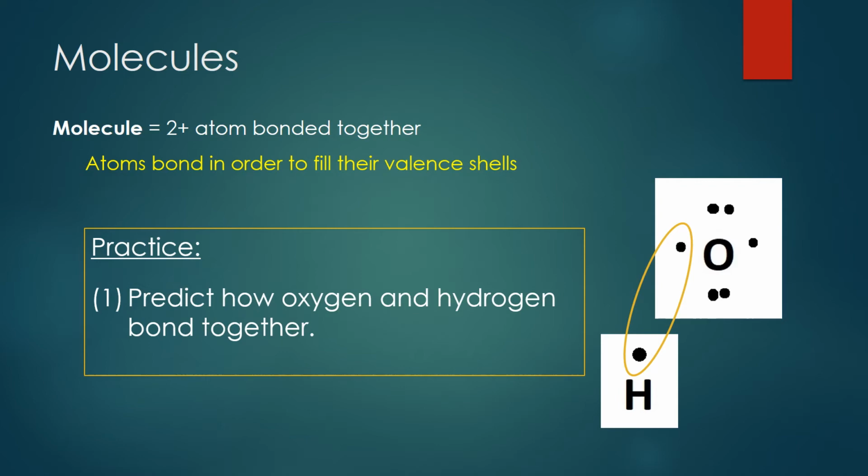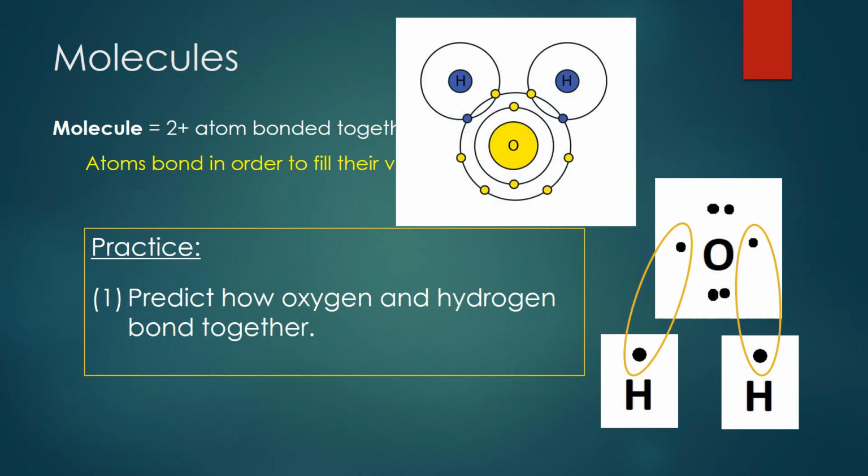But we have the problem of that other empty void on the other side of the oxygen, so another hydrogen can come in, fulfilling the same purpose over there. And that creates a very stable molecule that has 1 oxygen and 2 hydrogens. Do you know what this molecule is called? Water.